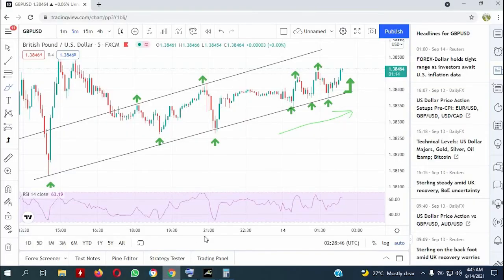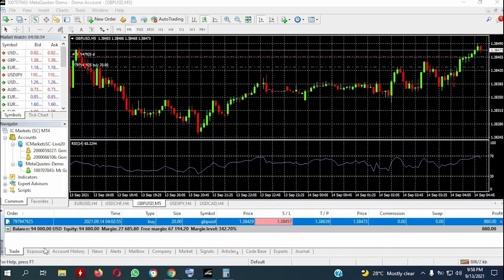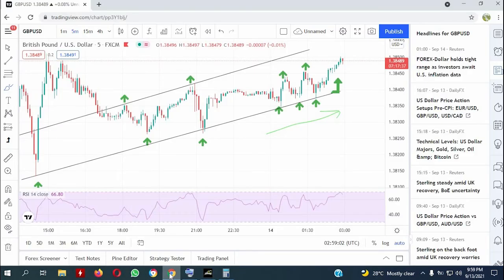Going back to TradingView. So fast forward a bit, we are in 900 and something dollars profit.